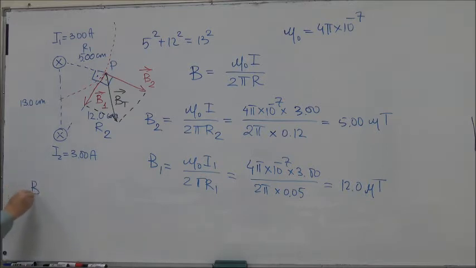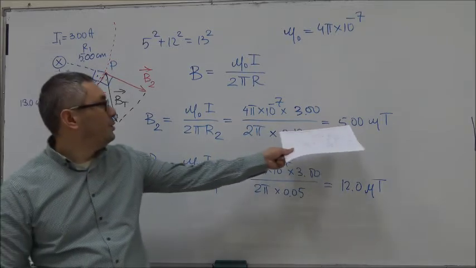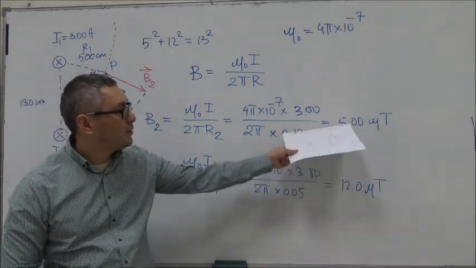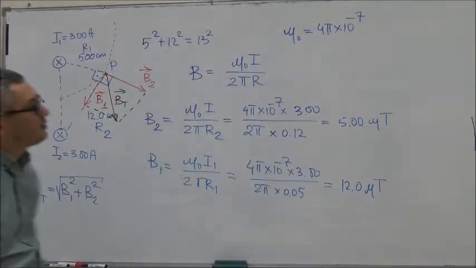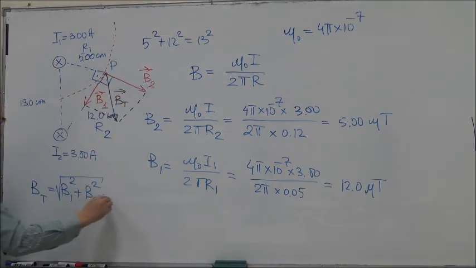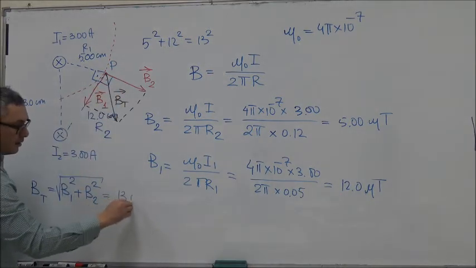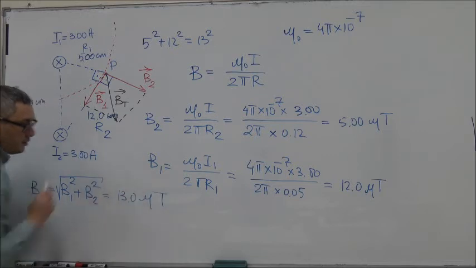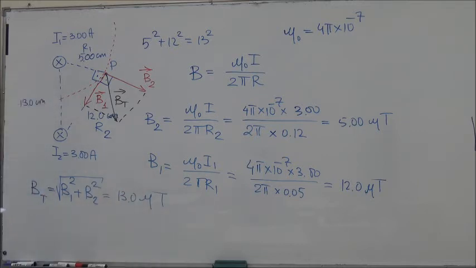B total is then equal to the square root of B1 squared plus B2 squared. B2 is 5, B1 is 12, so 5 squared plus 12 squared under the square root gives us 13, just as the sides of the triangle. So 13 microtesla is the magnitude of the total magnetic field.